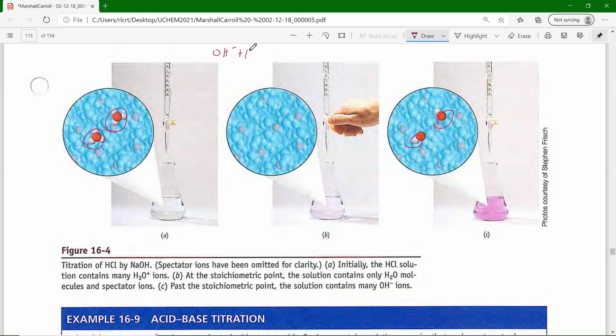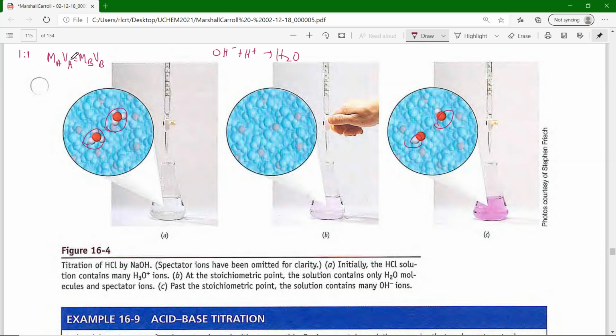It's OH minus plus H plus goes to H2O. That is the neutralization. If it's a 1-to-1 ratio of acid to base in my overall molecular equation, I make this little shortcut that I always like to do: MAVA equals MBVB. If it's not a 1-to-1 ratio, then you can't do that, but the majority of the ones we look at will be 1-to-1 titrations.